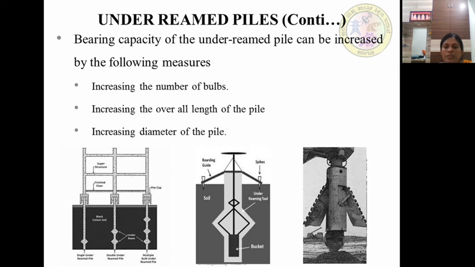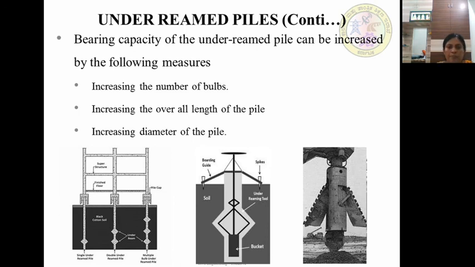Under-reamed piles are taken down to a certain depth to avoid the undesirable effect of seasonal moisture change in expansive soil, such as black cotton soil, and to reach hard strata, taking foundations below scour level. They are found useful for factory buildings or machine foundations, and are used where the vibrations and noise caused during construction of piles are to be avoided.